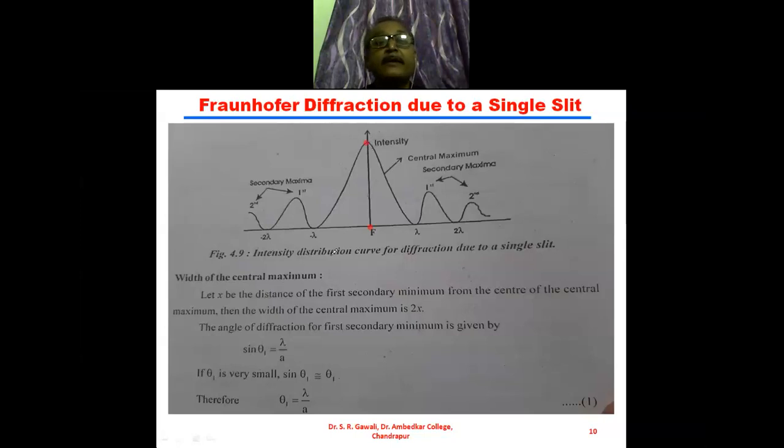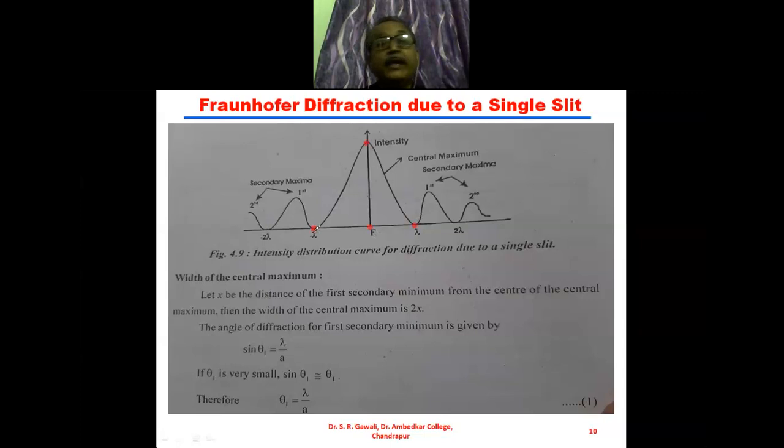Then after that, this is the first secondary minimum, the dark band. On one side of the central point F, this is the first secondary minimum.